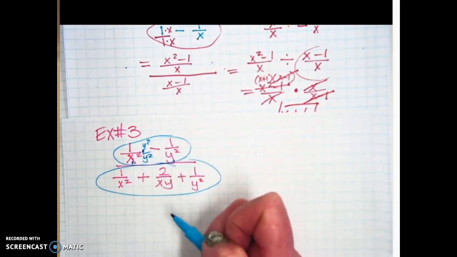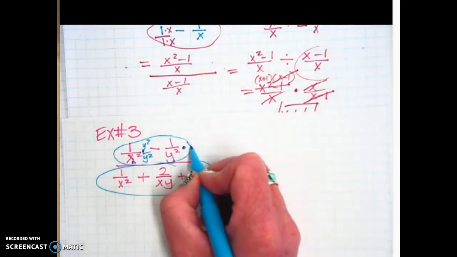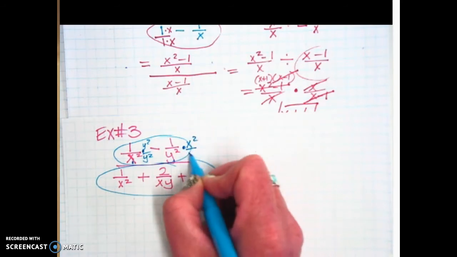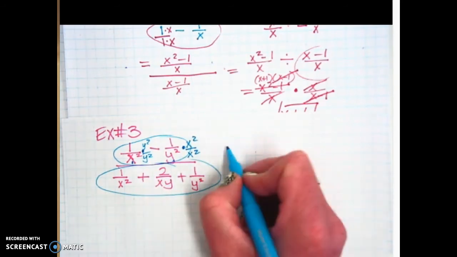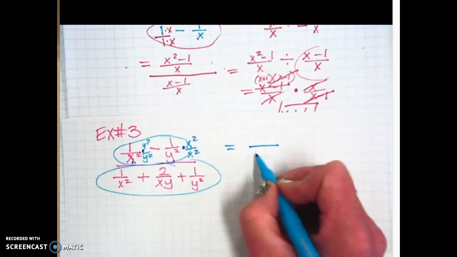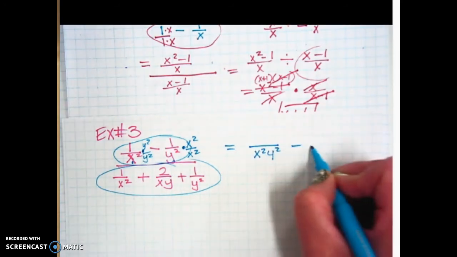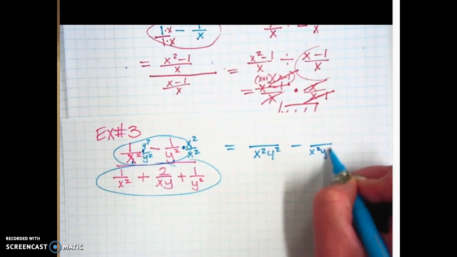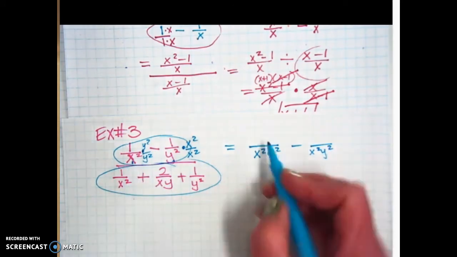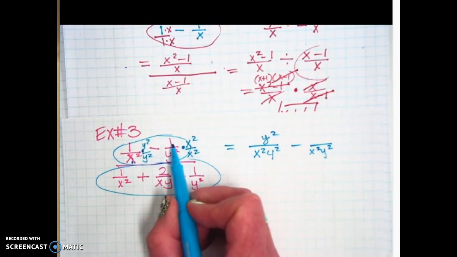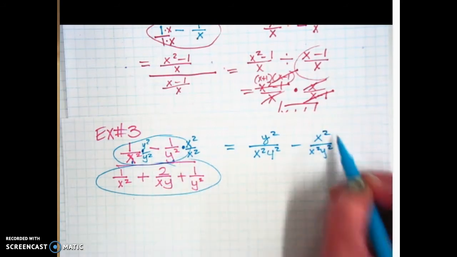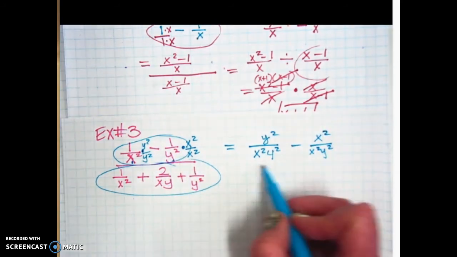And we need to take the second one and multiply it by x squared over x squared, which means the new denominator for each is going to be x squared y squared, and x squared y squared. 1 times y squared is y squared, and 1 times x squared is x squared, right?